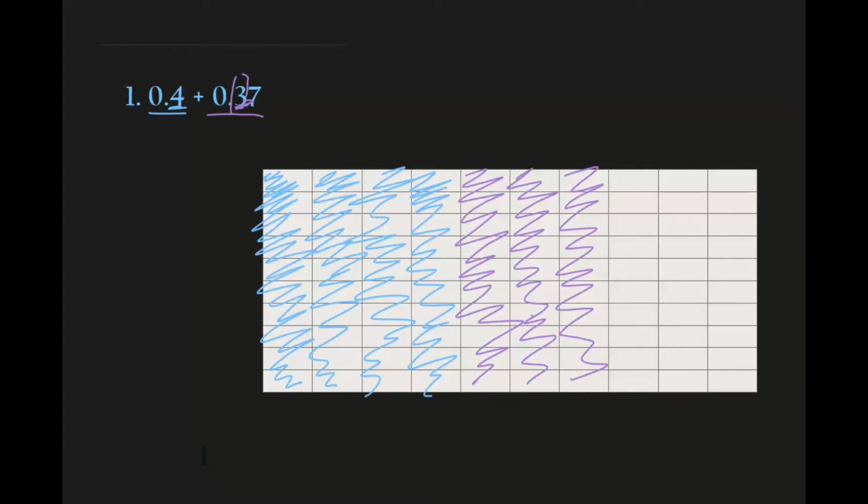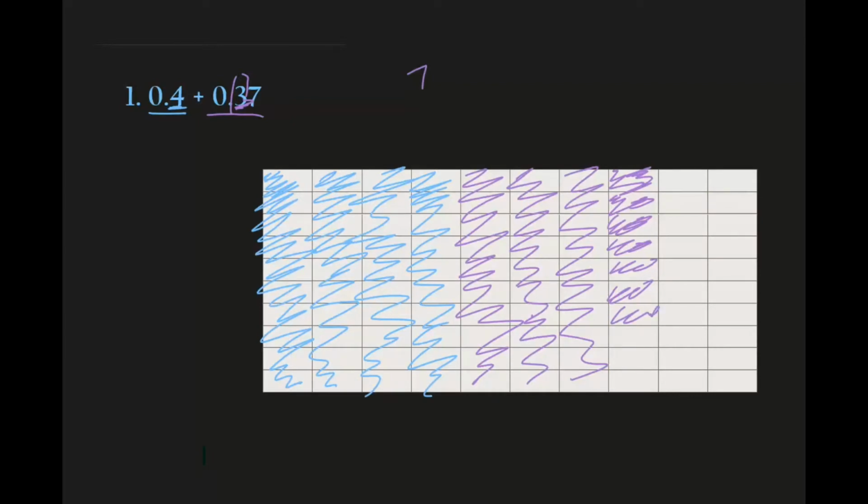Now we're not done yet because we still have a 7 in the hundredths place. So that means we're going to shade 7 of the single blocks. So we have 1, 2, 3, 4, 5, 6, 7.